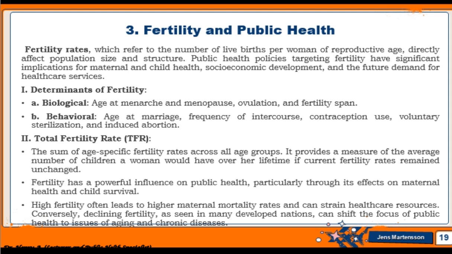Number one, biological factors, and this includes the age of a woman when she begins menstruating and when menopause occurs. These natural biological processes influence ovulation and the overall length of a woman's fertility span.